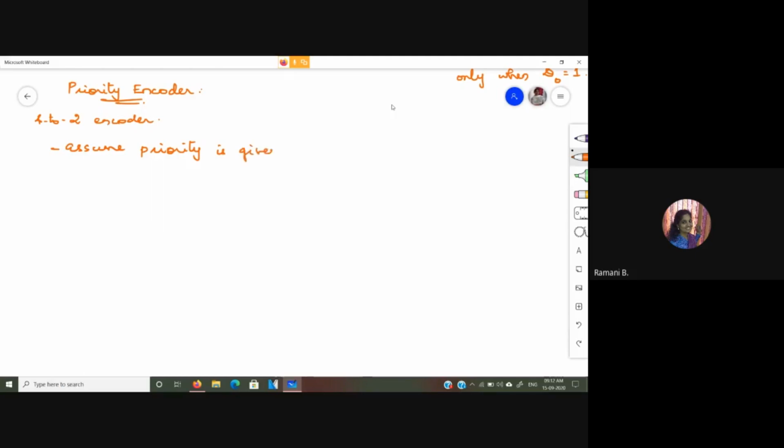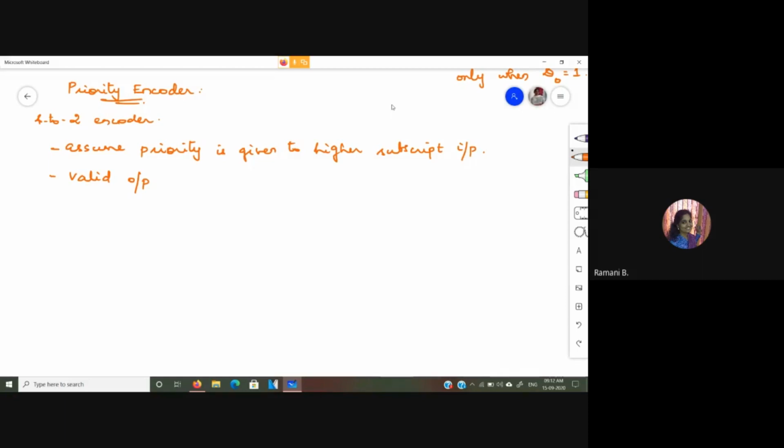Assume priority is given to higher subscript input. Also, we include a valid output which will take care of the case when all the inputs are equal to 0 also. Okay?